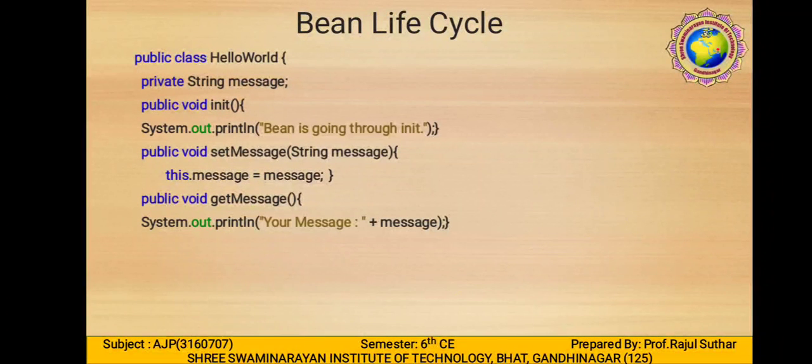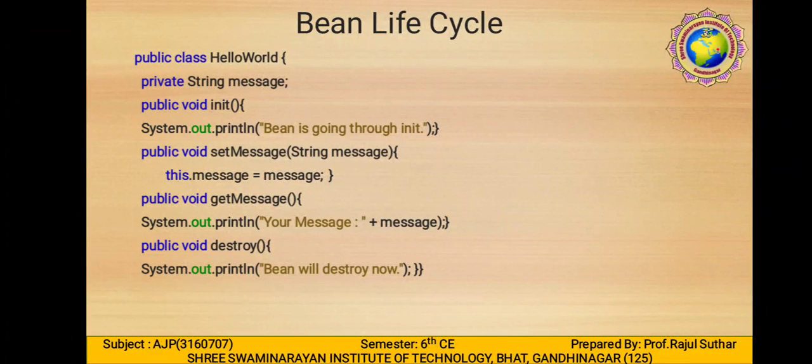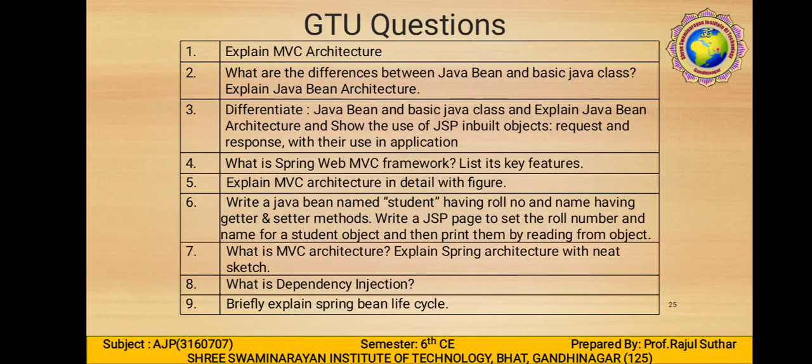Provide getMessage with System.out.println, your message will be displayed here. Provide destroy. By using System.out.println, we display one message, bean will be destroyed. Here three main methods are used. First init, then setMessage, getMessage, and destroy. Nothing else is in this.